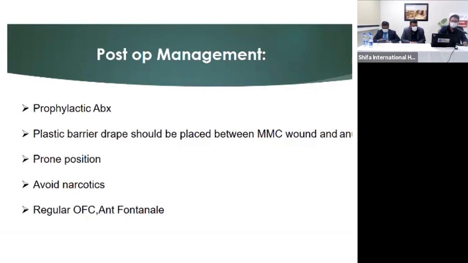A plastic barrier drape should be placed between the MMC and the anal canal, so that there is less risk of infection. Keep the patient in prone position so that there is less risk of CSF leak and less pressure on the wound. Avoid narcotic analgesics, because in this patient there is a high risk of respiratory depression.